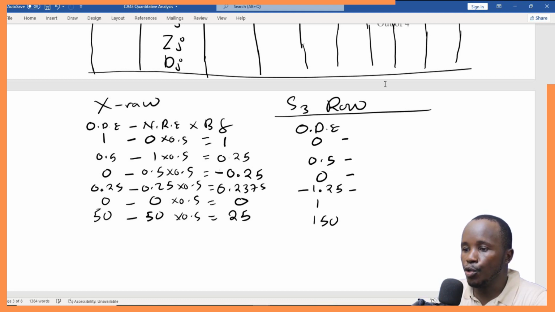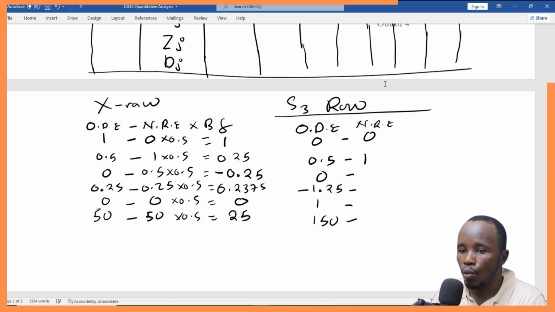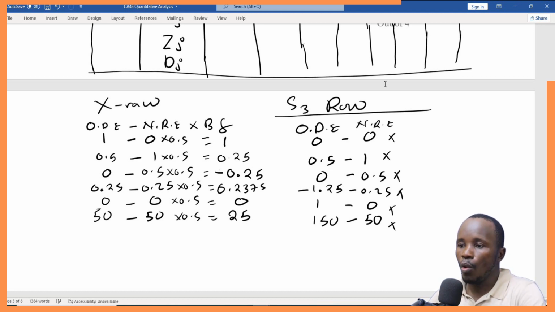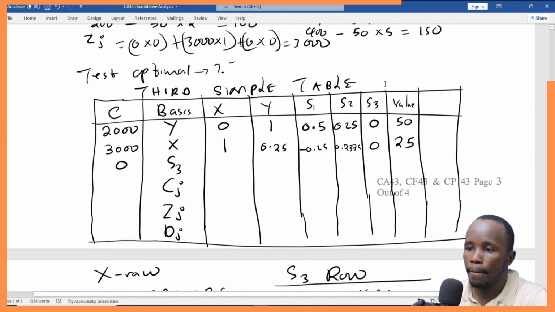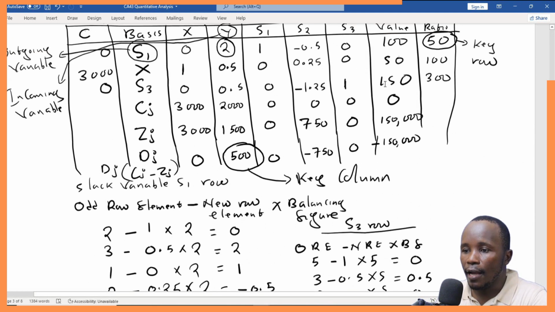Minus, we need to utilize the new row elements, which you can easily get from the previous working. Here we have 0, 1, 0.5, 0.25, 0, 50. We look at the balancing figure. What is the balancing figure here? The balancing figure is the point where the key column meets the row under consideration.